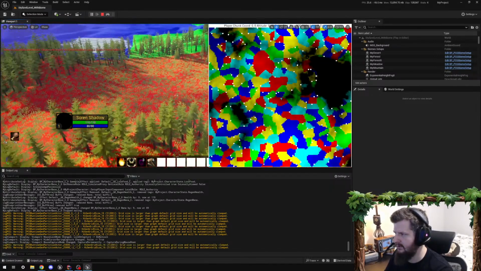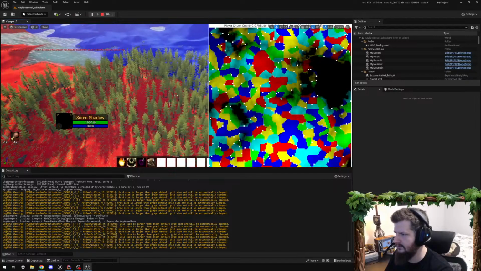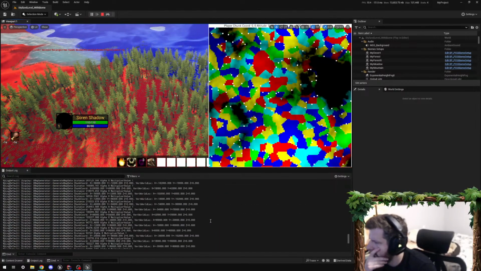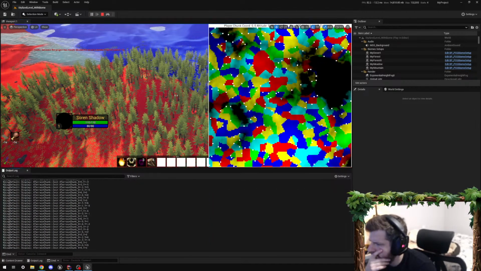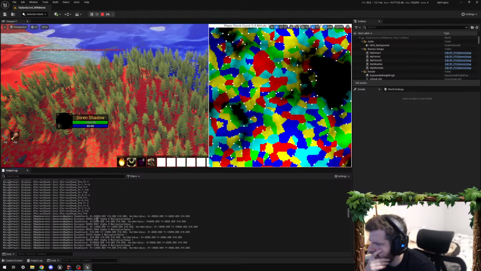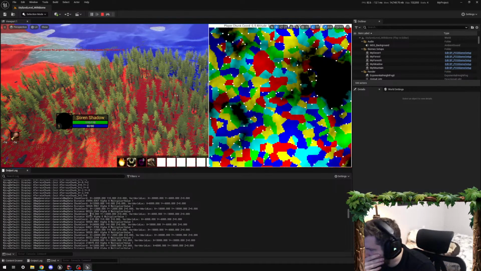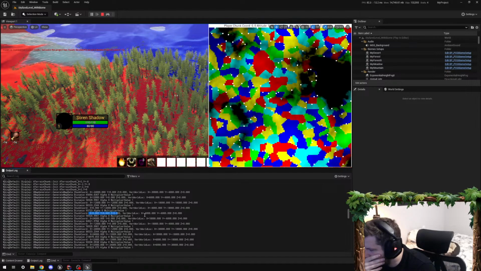Borders are still not borders. Where's 0, 0? There's a 0, 0 in here somewhere. Okay, there we go. Yeah, okay, that looks right.